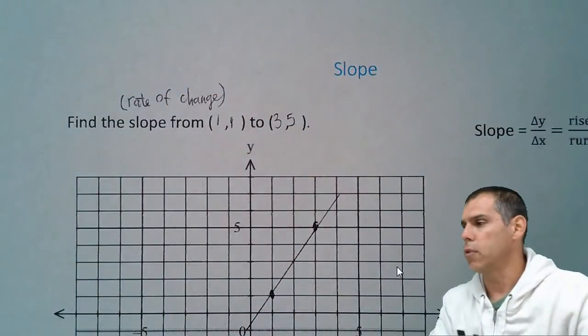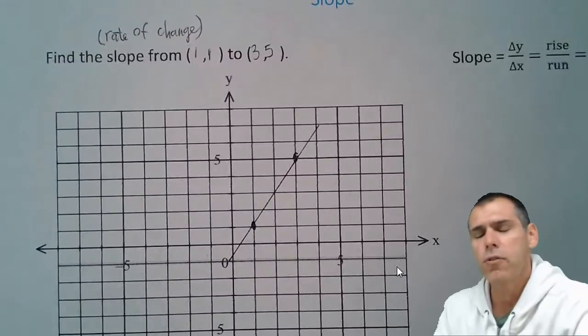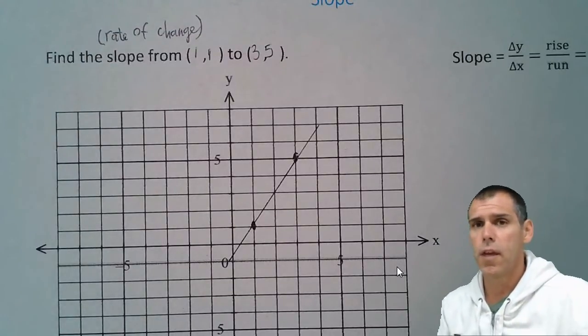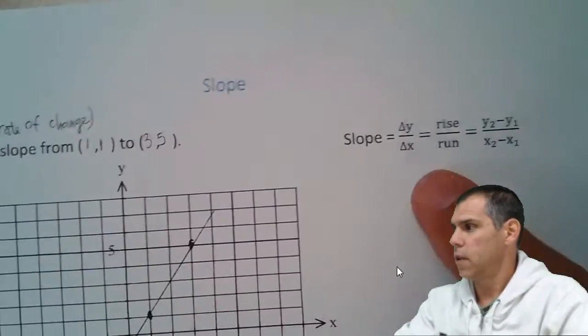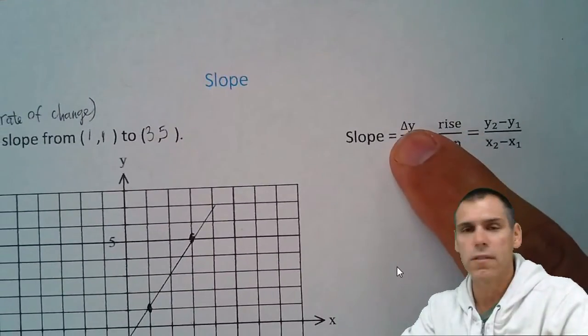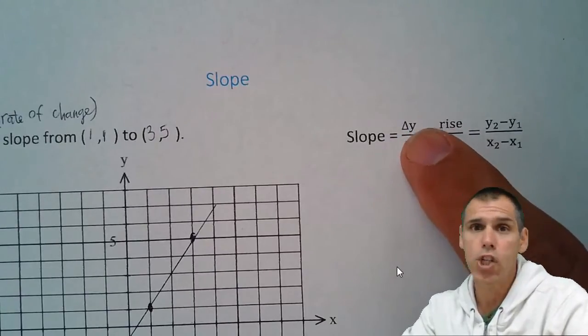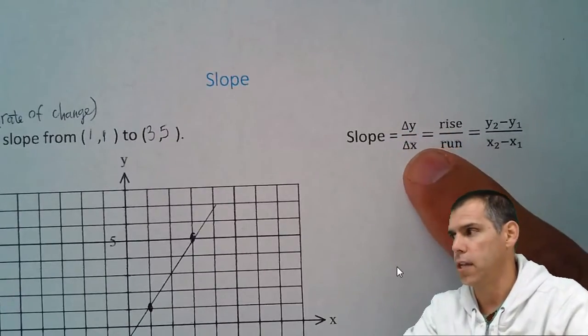So what I'm asking, what's the slope, is I'm asking, how steep is the line on the graph? And that steepness is calculated as this. That triangle is called delta. Delta y divided by delta x, or the change in y divided by the change in x.